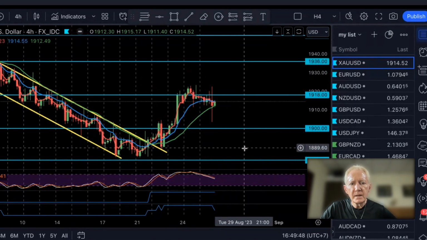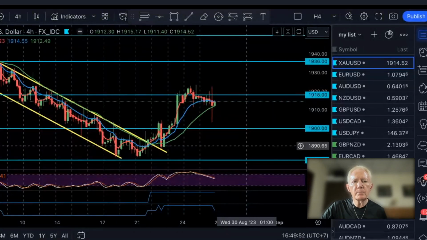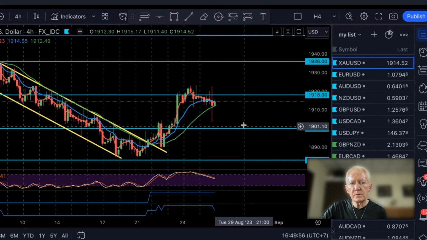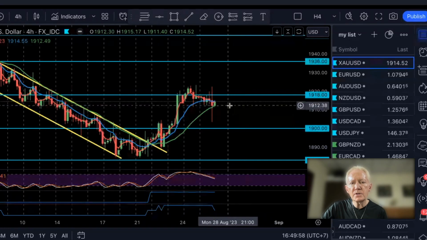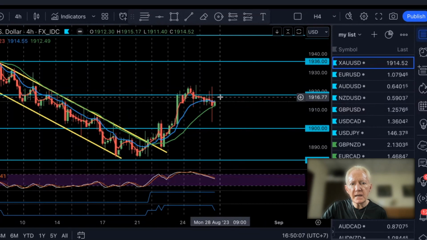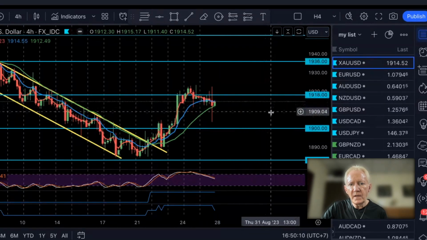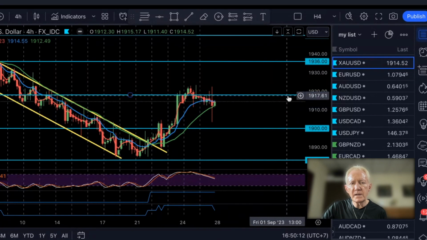Now, remember, towards the end of the week we do have the non-farm payrolls, which is always a big mover and shaker. So on Thursday and Friday we expect the market to not be doing too much and waiting for that data. But these are the support and resistance zones that we have, and I expect gold to be trading in this range again between 1900 and the 1920 zone.